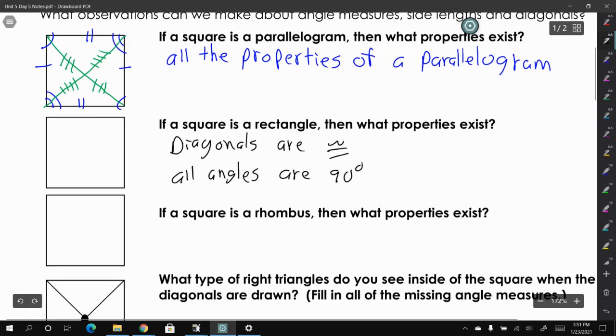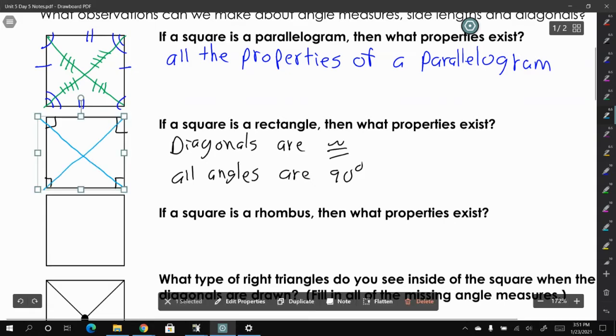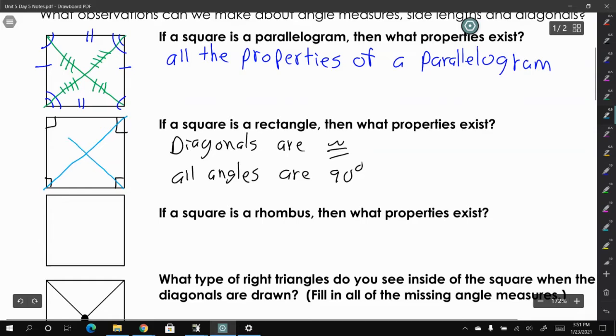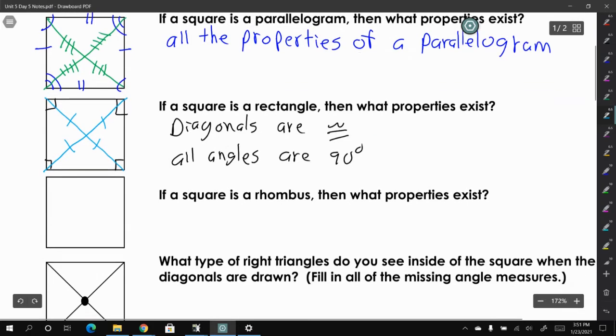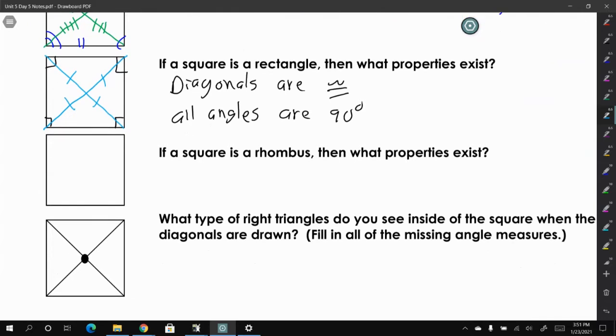So a rectangle will have four right angles and the diagonals are congruent. So we'll mark that.